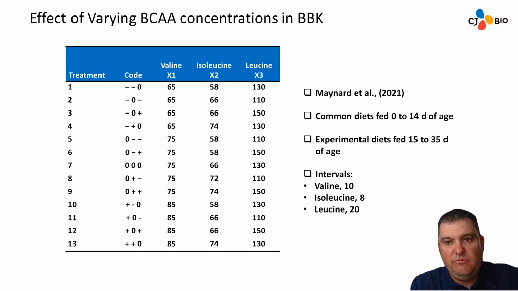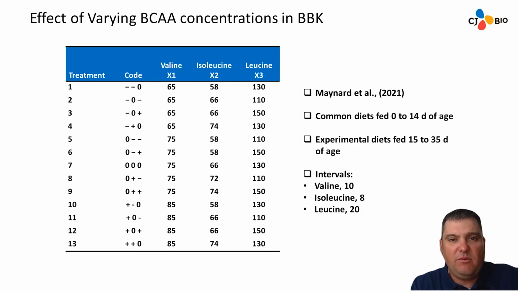So CJ has spent over the last 2 to 3 years investigating the effect and the proper branched-chain balance. And this was the first study that CJ America worked on with the University of Arkansas with Dr. Michael Kidd, trying to determine if, in fact, leucine does have a negative response on performance.